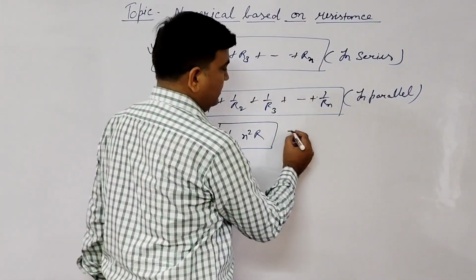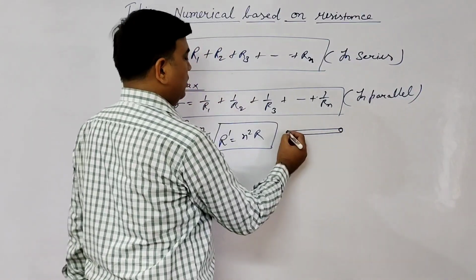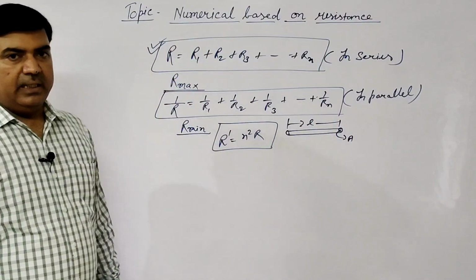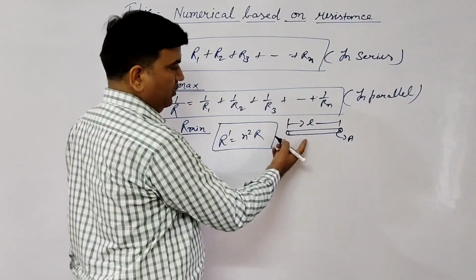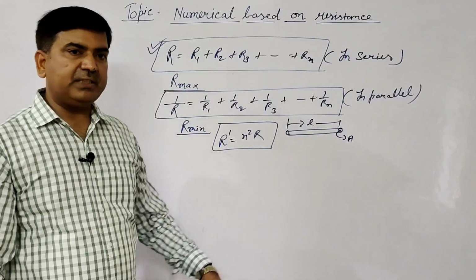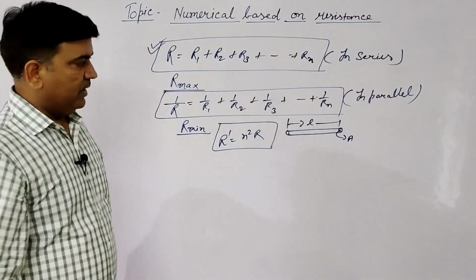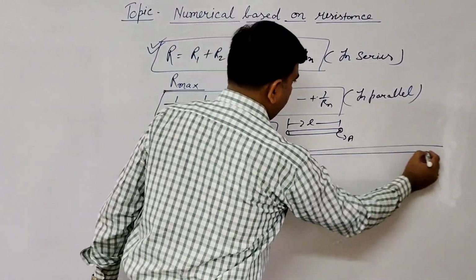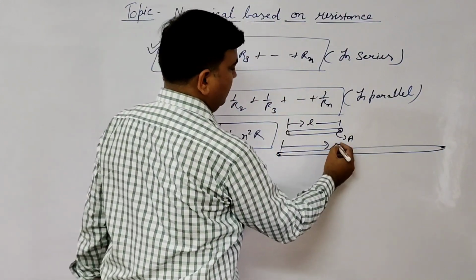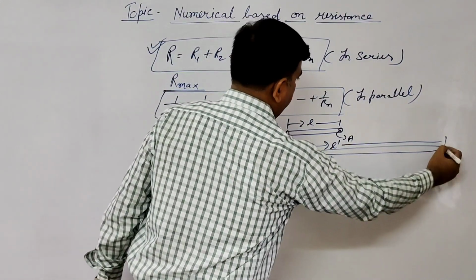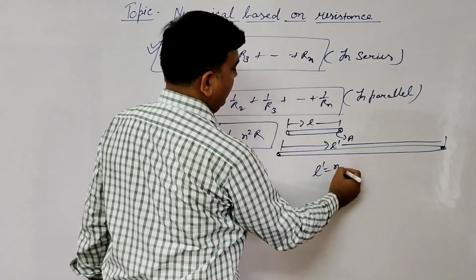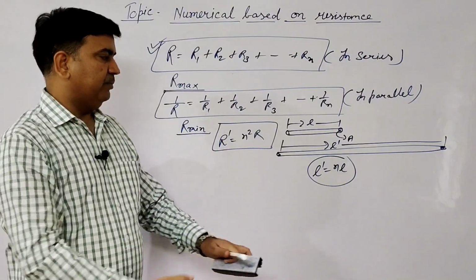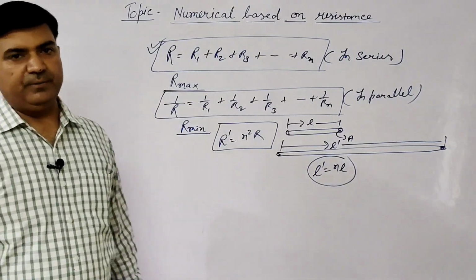If a wire of length L and cross-section area A is given, and we have to find the resistance of the wire if it is stretched n times, then suppose the final length is L dash, and L dash equals nL. That means the length of the wire becomes n times. This is the given condition.